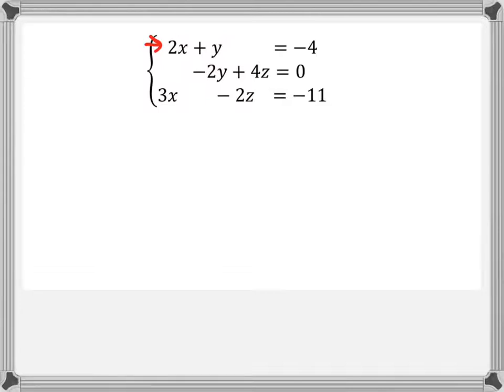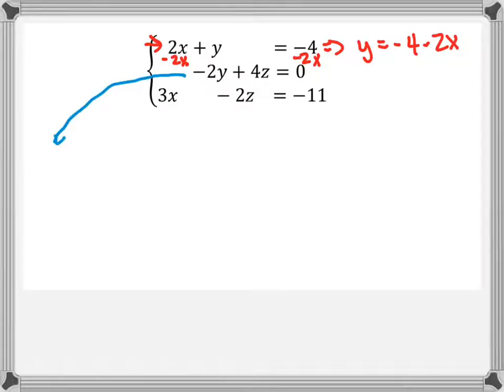So I'm going to take my first equation, and I am actually going to solve it for y. I'm going to subtract 2x from both sides and get y equals negative 4 minus 2x. And then I'm going to substitute negative 4 minus 2x in for y in my second equation. And if my third equation had a y term, I would substitute it in there as well. But in this case, it doesn't.